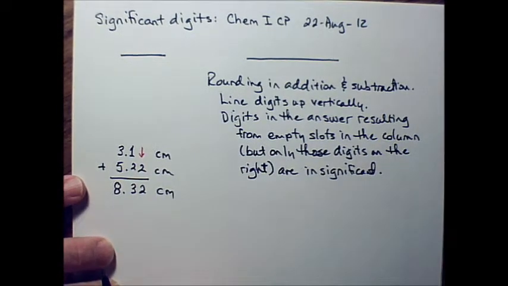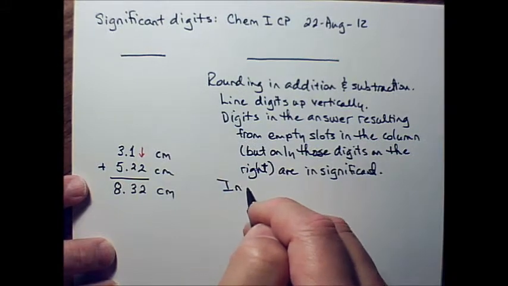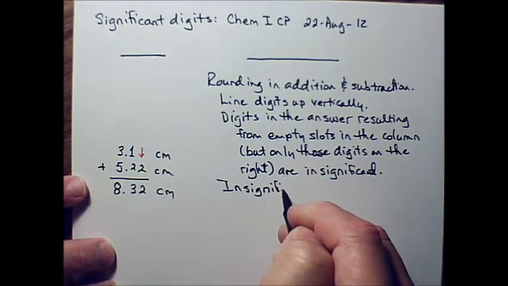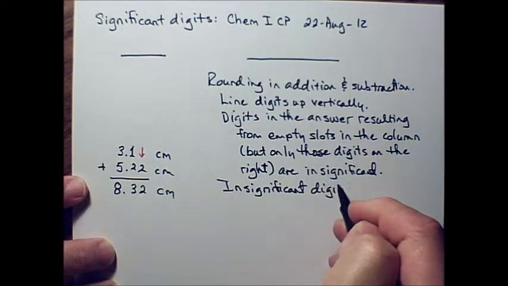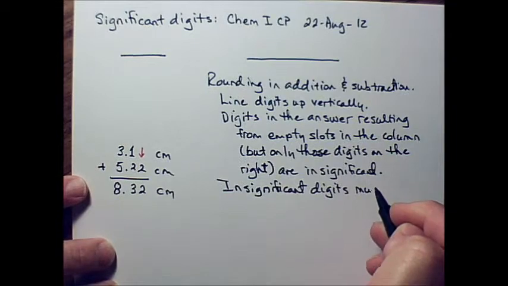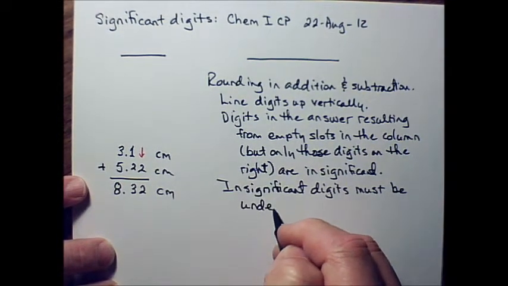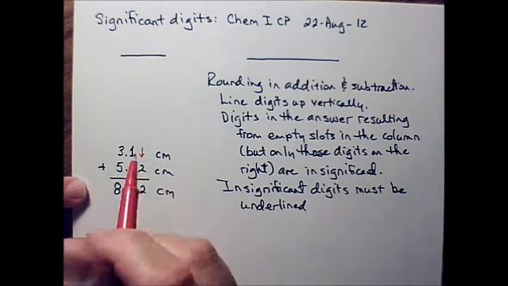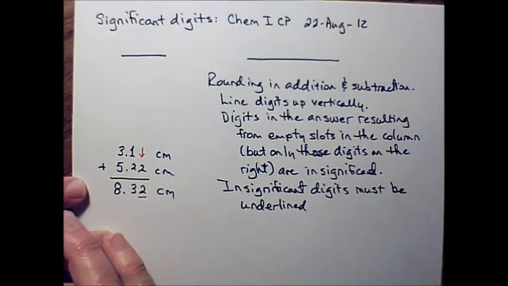Insignificant digits must be underlined. So I'm going to go back over here and underline this one insignificant digit there. Now, you can have 3 or 4 or 5 insignificant digits.